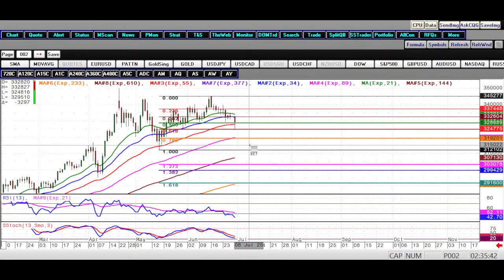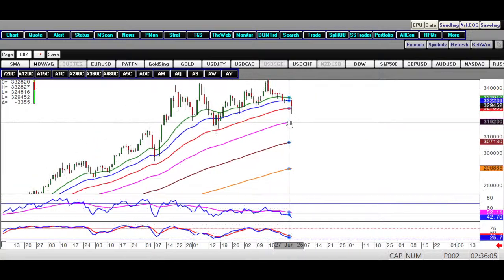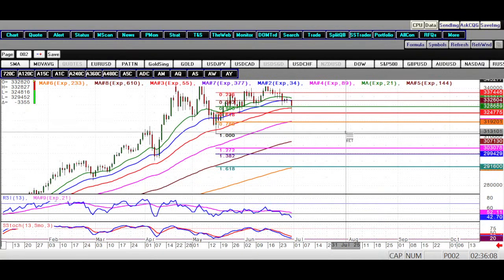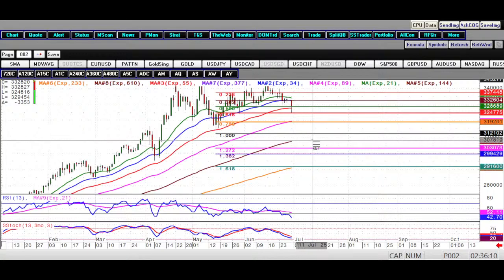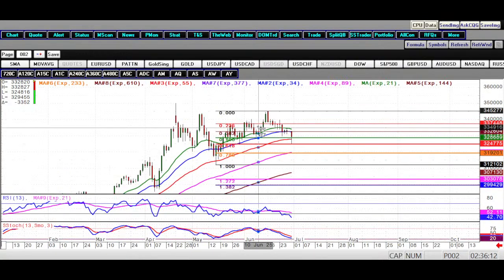This is the maximum level you can retrace, but once the price breaks this level, then it becomes an extension of these levels. So extension is beyond 100% from place A to place B. Retracement is within 100%.